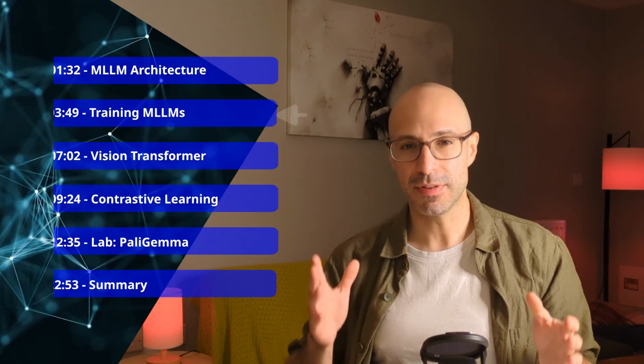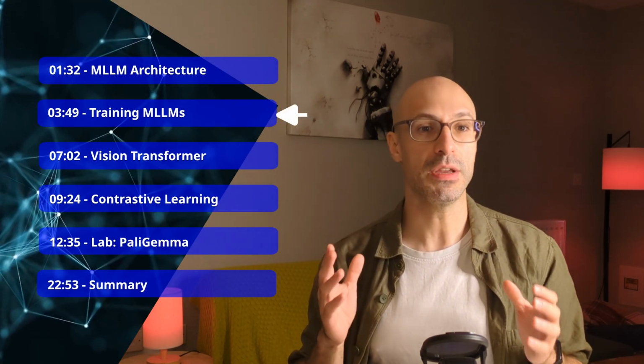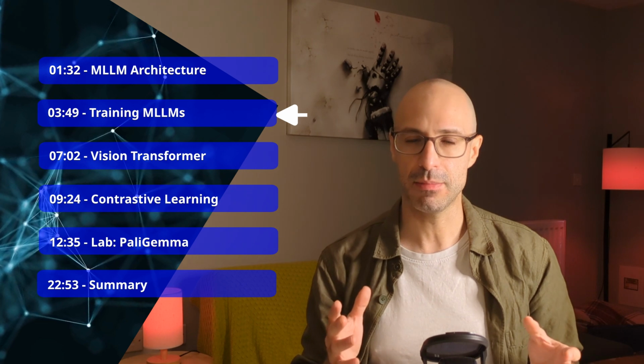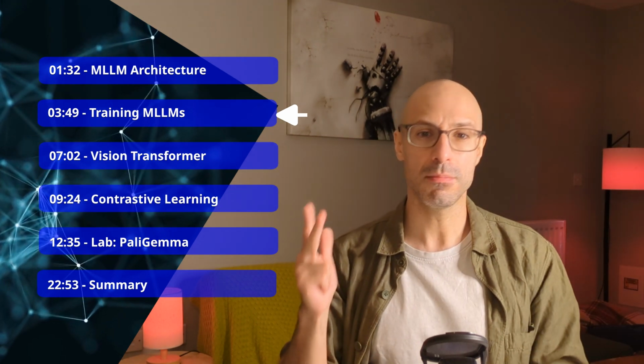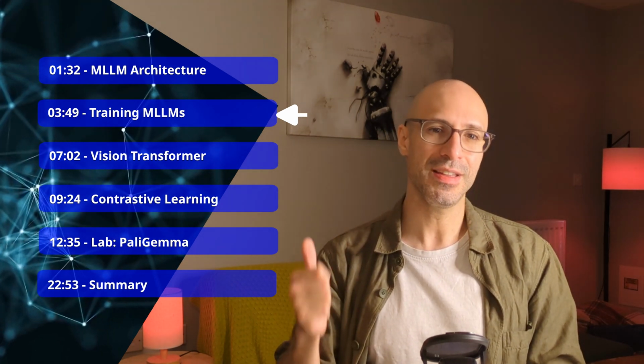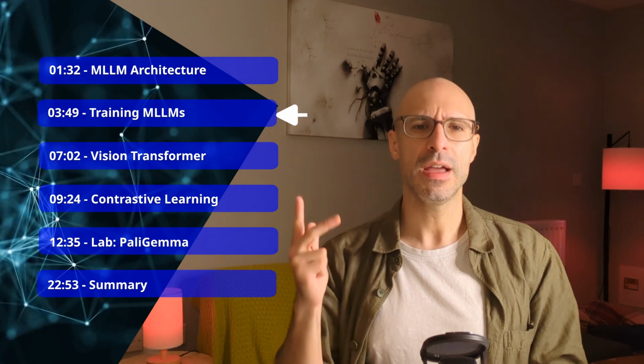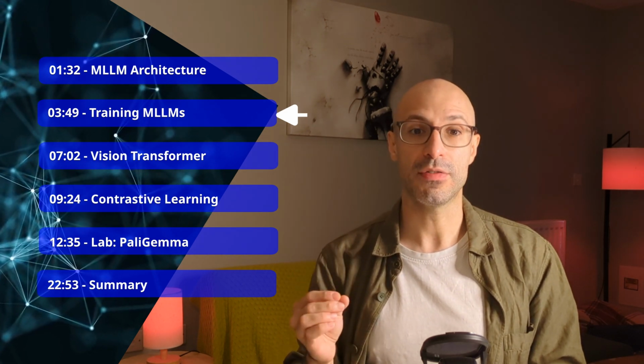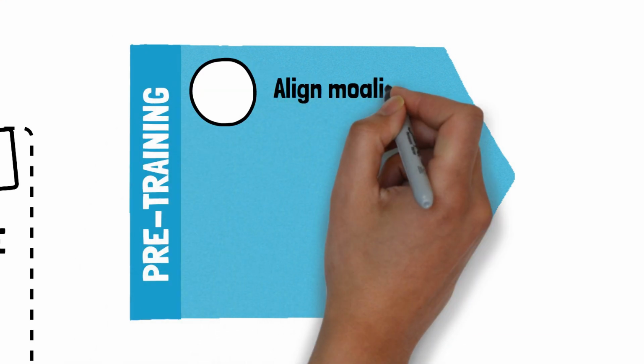Training multimodal LLMs is very similar to training regular text-only LLMs, and it involves three main stages: pre-training, instruction fine-tuning, and alignment to human preferences. Pre-training focuses on learning how to align different modalities.